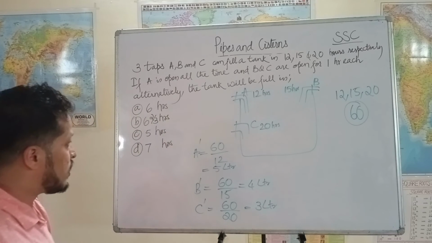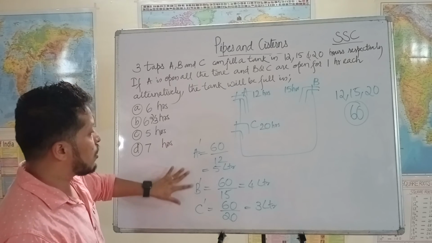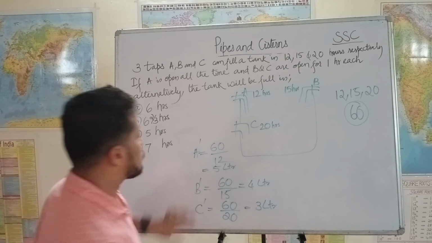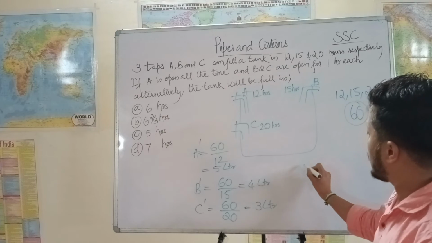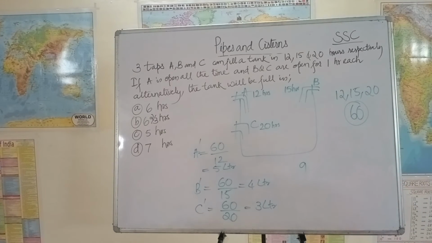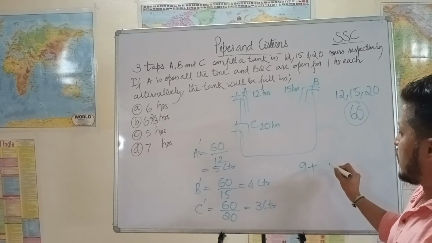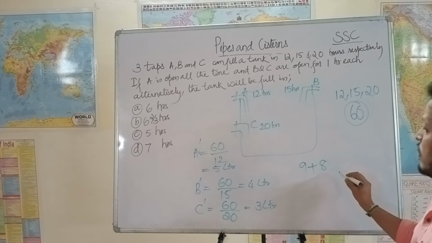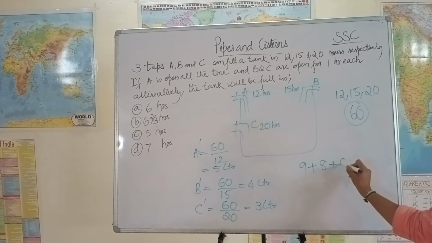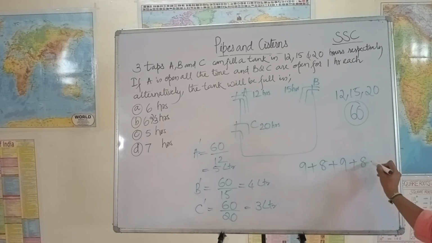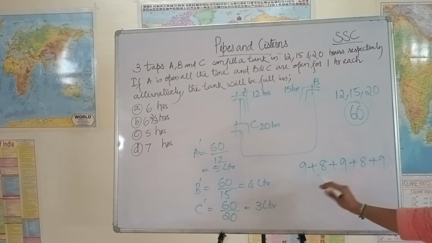So first, when A and B are on, 4 plus 5, 9 liters is filled. In the second hour, when A and C are on, 8 liters is filled. Third, 9, next 8, next 9, until we get 60.